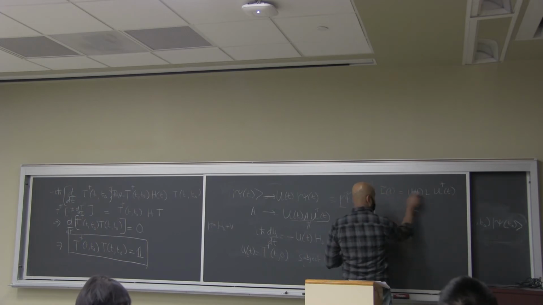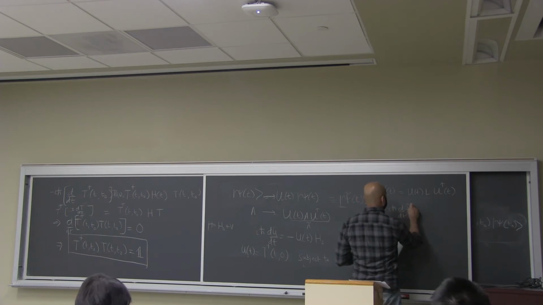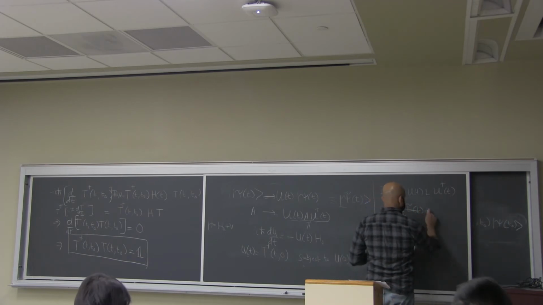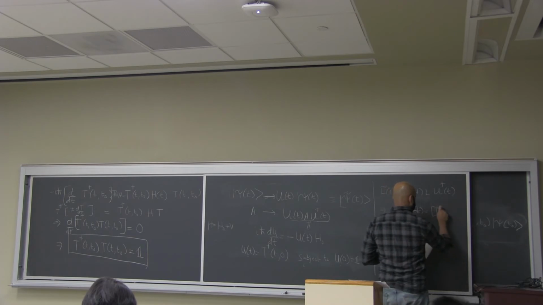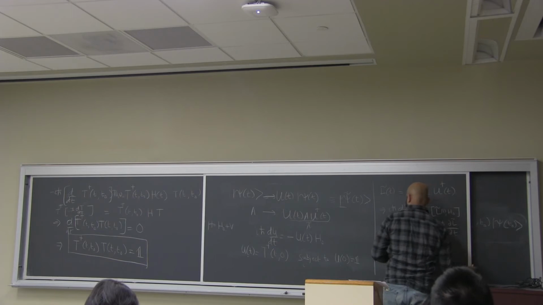So, from this equation, we can immediately calculate the time derivative of any interaction picture operator, which will then go as the commutator of A tilde of t with H naught plus i h bar dou A tilde over dou t. Okay.